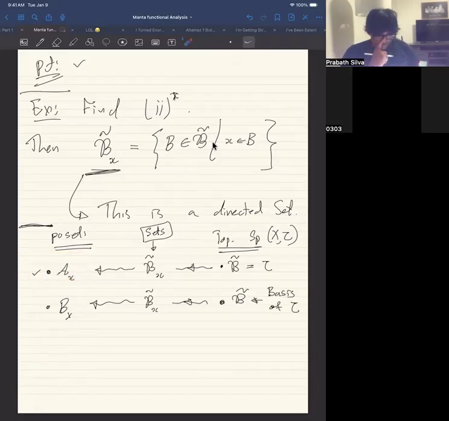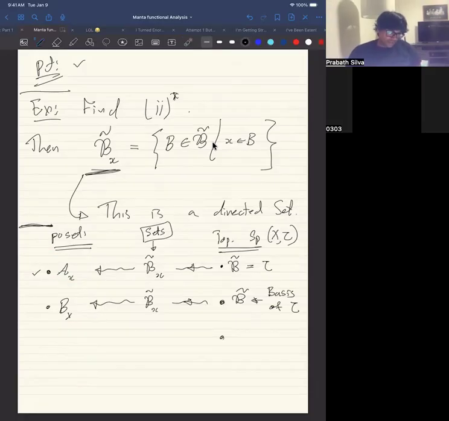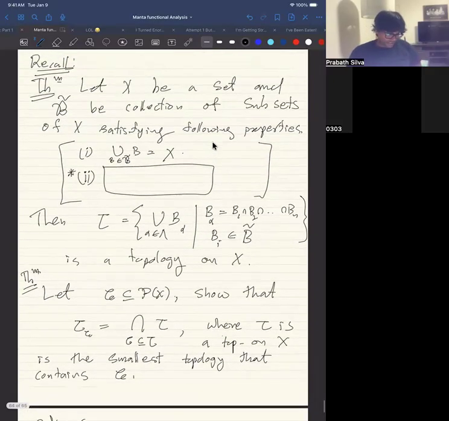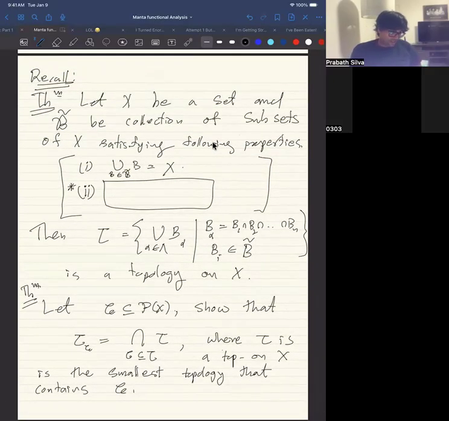So what I'm claiming is this. If you start with the B delta to be a subbasis, and you look at this thing. If B delta is a subbasis, then of course this would satisfy, and this B delta would satisfy these conditions too.